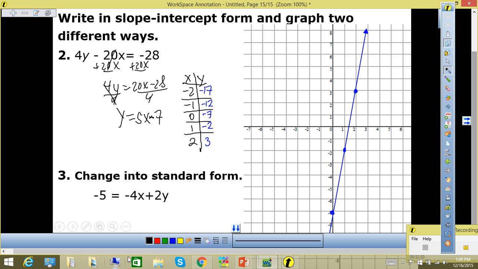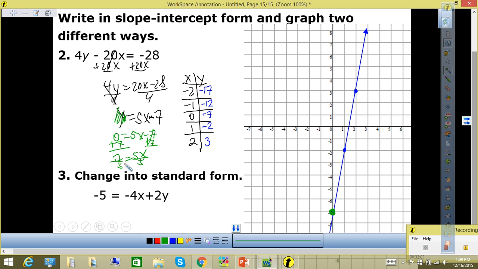Okay, that's one way. What is the next method that I showed you? Using the cover-up method. So watch. I can actually use the same equation right here. Cover up the x. What do you see? Negative 7, which is right here. Now if I cover up the y, what do you see? 0 equals 5x minus 7. Let's solve for x. Plus 7, plus 7. 7 equals 5x, divided by 5.